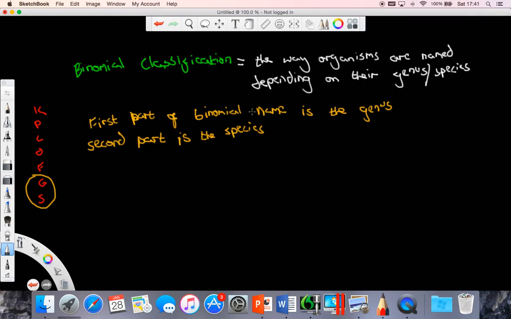So, for example, if we want to look at the African lion, the African lion's binomial name is Panthera leo. Okay? That should always be lowercase. I've done it as a capital. But what this tells us is that it is of the genus Panthera, but it is from the species leo.